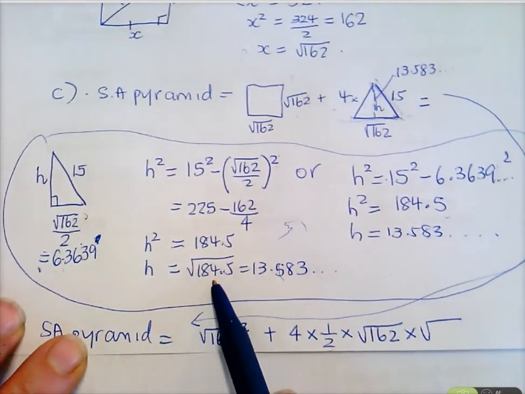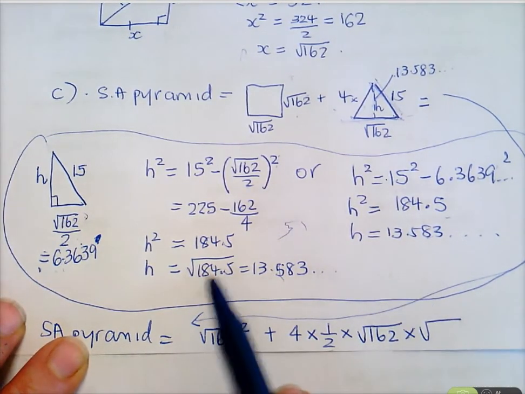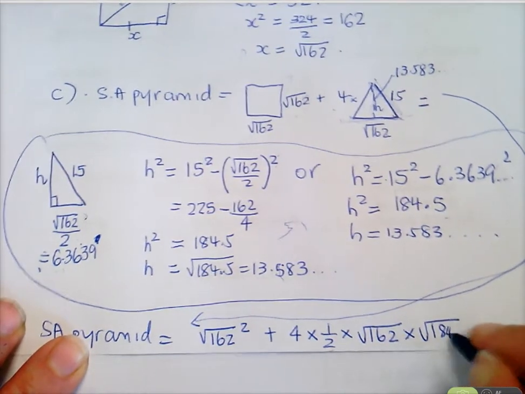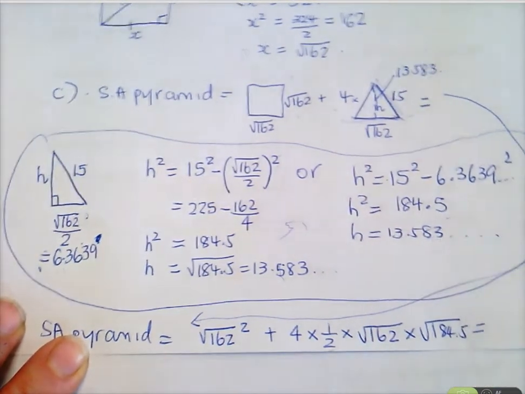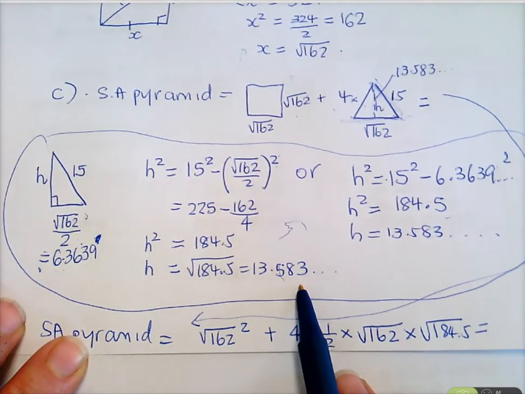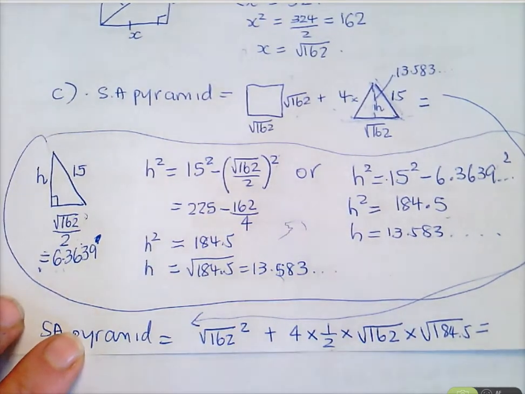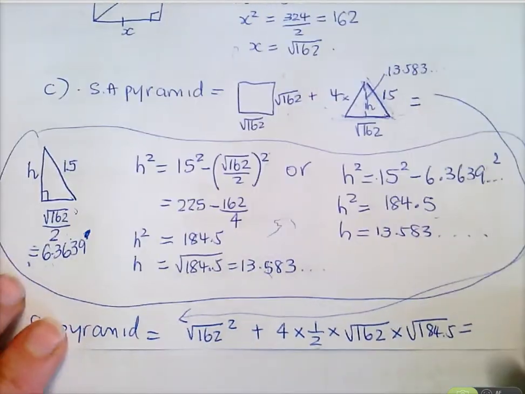If you want, you can use the exact answer here instead of doing all this rounding. You can either put the square root of 184.5 because it's exact, or you put that number in, the 13.583. I prefer to keep them as square roots because you don't have rounding errors.